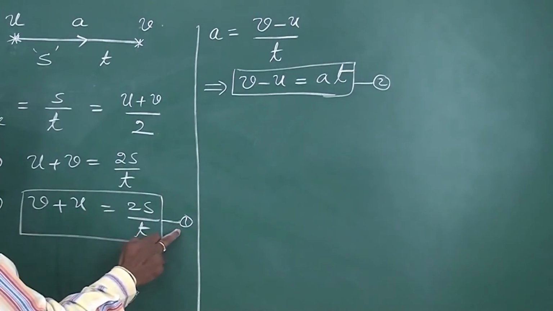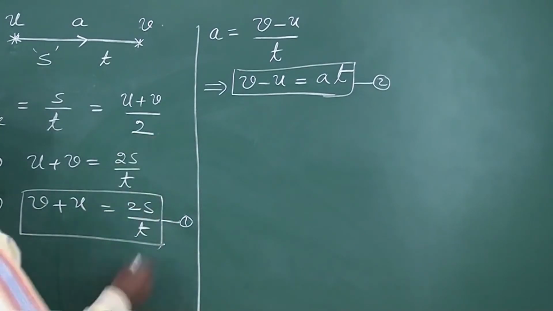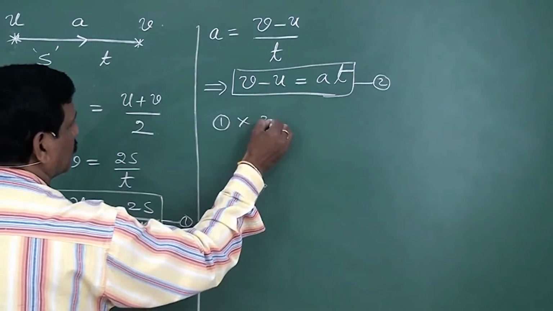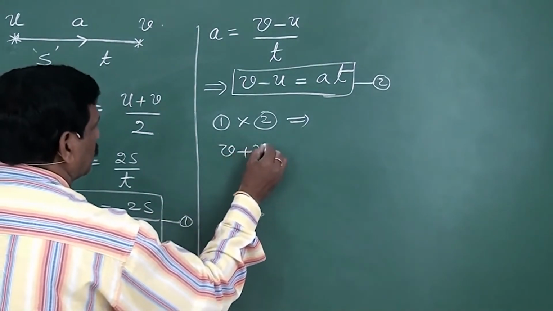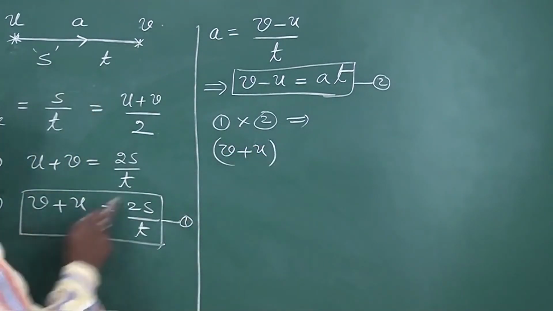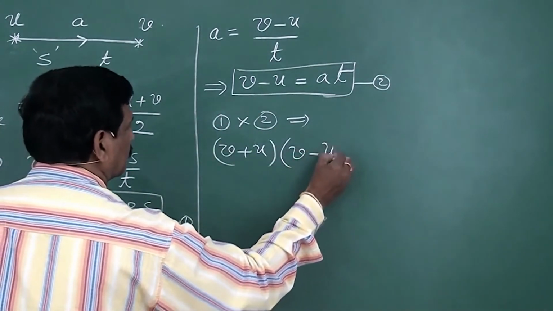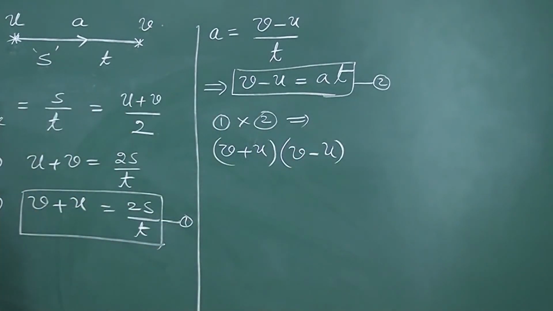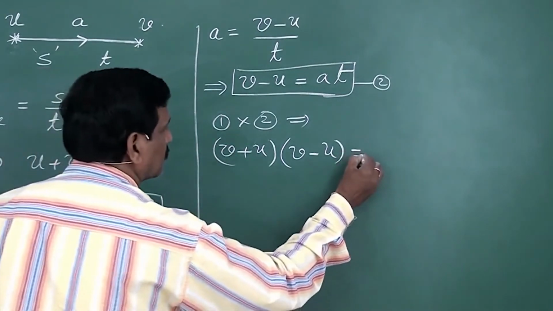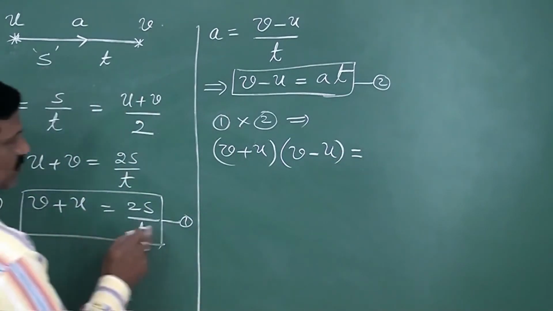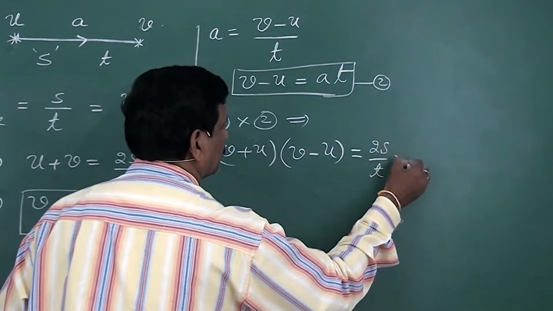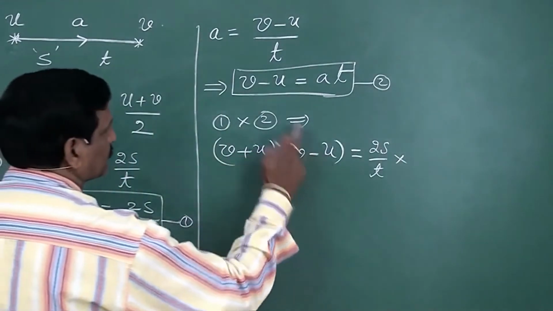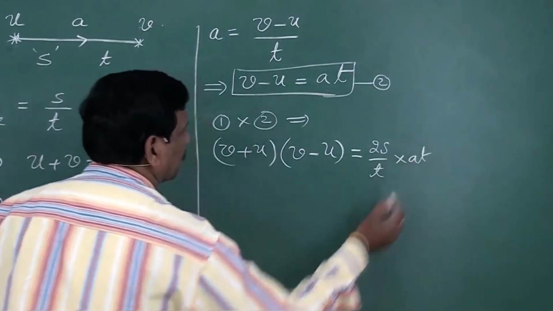First and second equations, when you multiply these two, that is equation 1 into 2, gives v plus u here, and here v minus u. On the left hand side, v plus u means 2s by t, into v minus u, which is at.